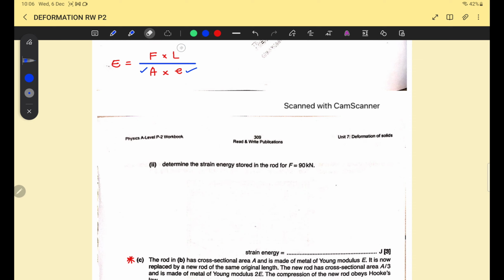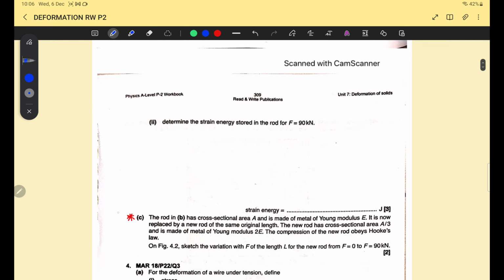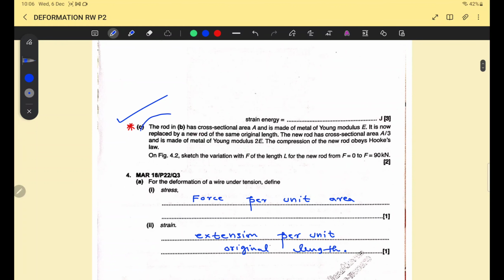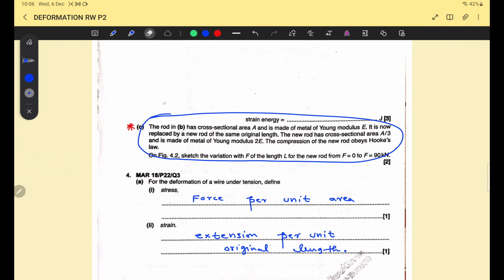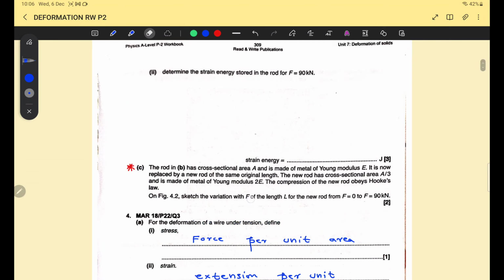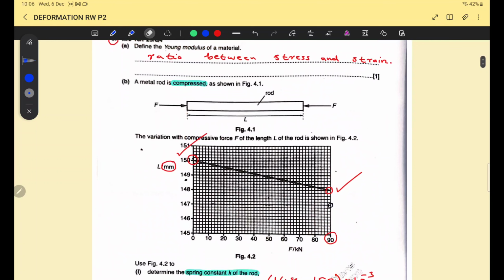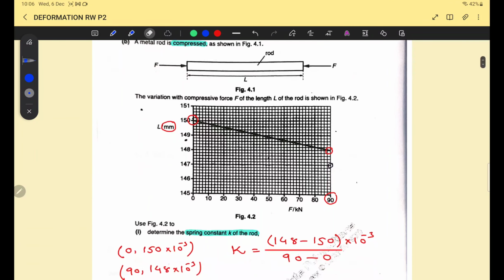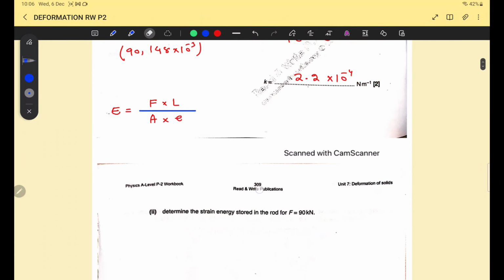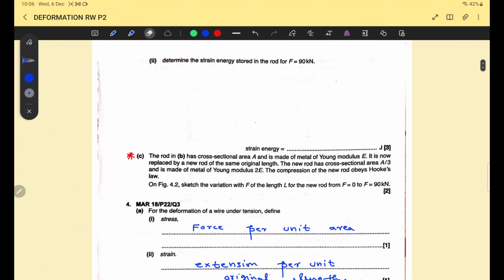But sometimes this method is not applicable. Just like in this question, if you read the whole question, no numerical value is given. You are given a graph, and by using given conditions, we have to plot a new graph, and no numerical value is given.